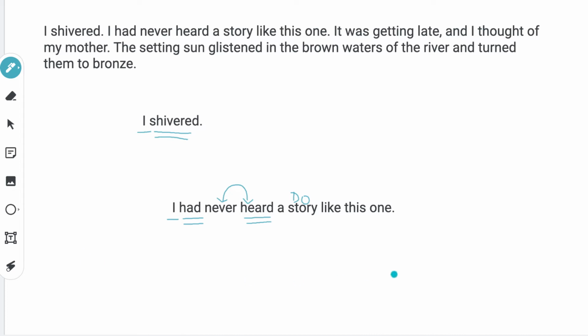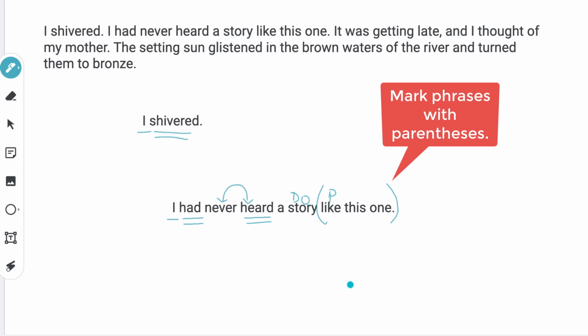Now we're left with a phrase at the end of the sentence. This is a prepositional phrase, the preposition being like. So we can mark the preposition with this P. I always mark phrases, prepositional phrases, verbal phrases with parentheses.